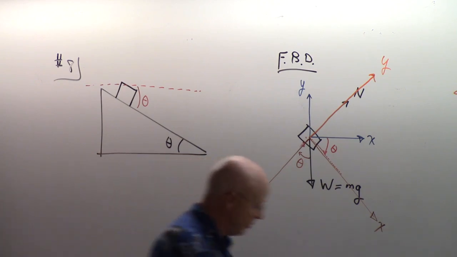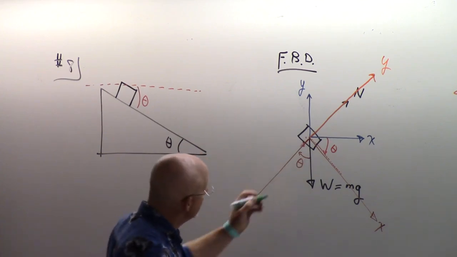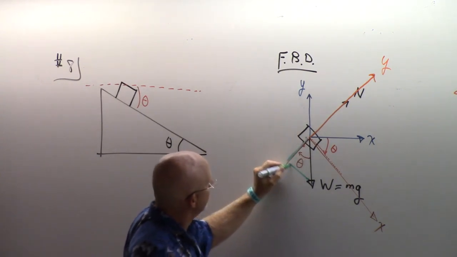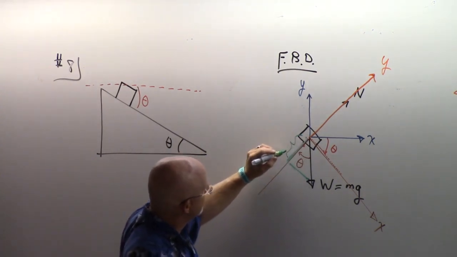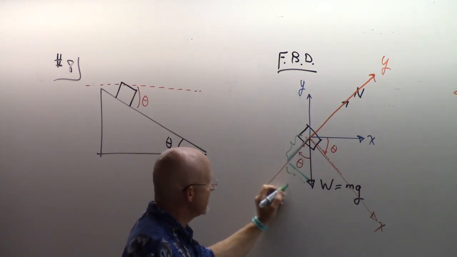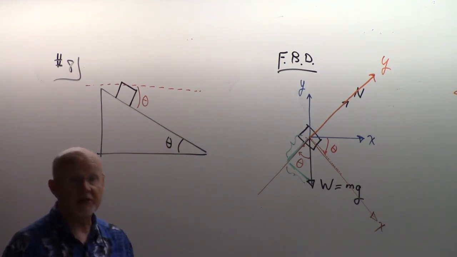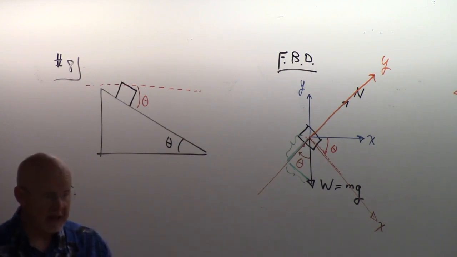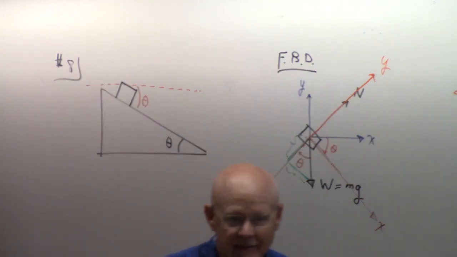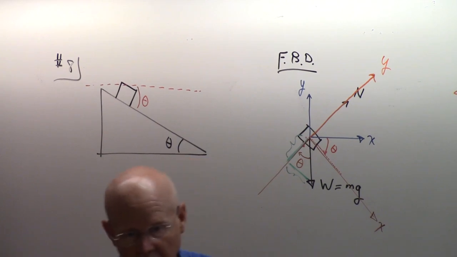Because if I try to break down the components of the weight, I'm going to make a little triangle right here. So this is the amount of weight on the y-axis, and this is the amount of weight on the x-axis. So there's the negative piece, right? The negative piece by tilting our axis is we no longer have the weight on the y-axis. We have it off axis, and so we have to look at its components.